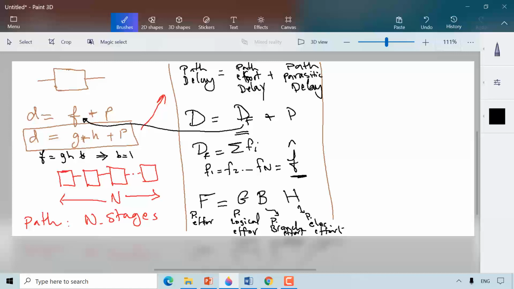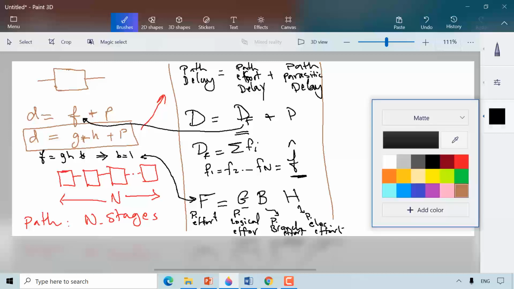So ignore this B for now, but there is a parallelism between this definition and this definition, between the stage and the path. So the path effort, which is this F here, equals the path logical effort, the path branching effort, the path electrical effort. These three things. Let's define those now.